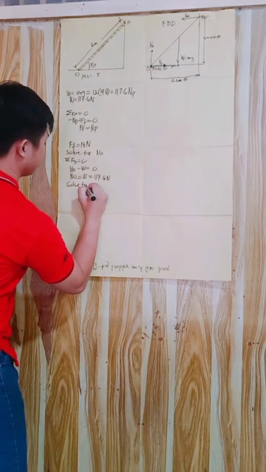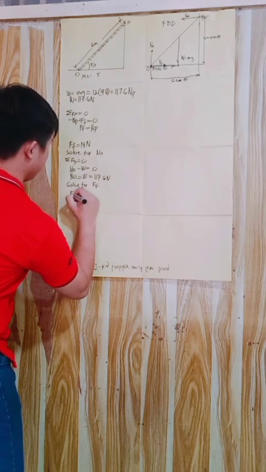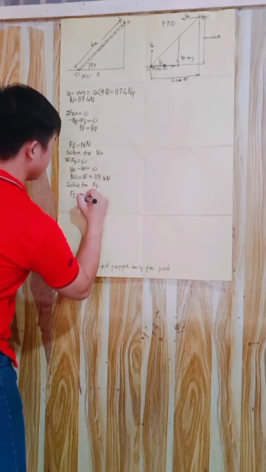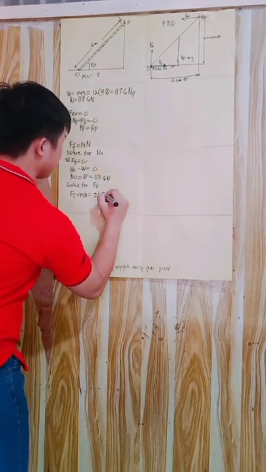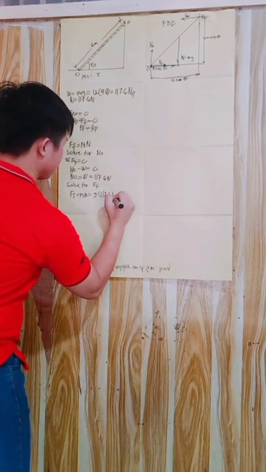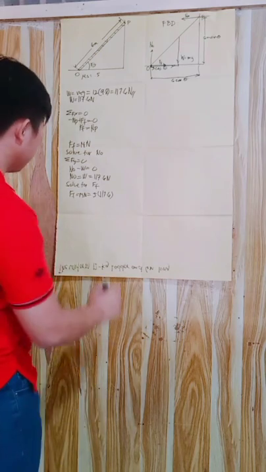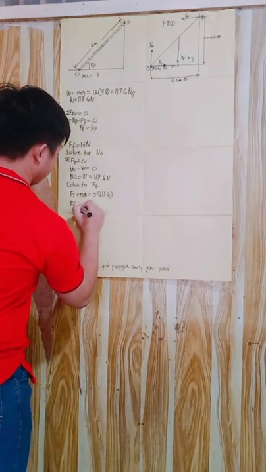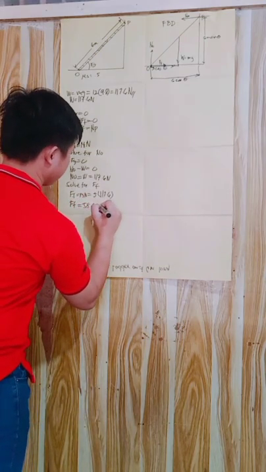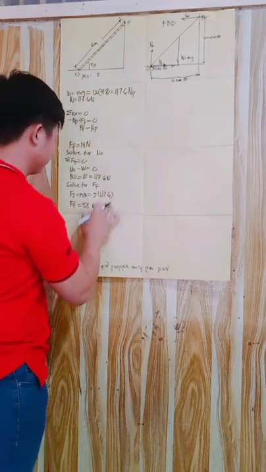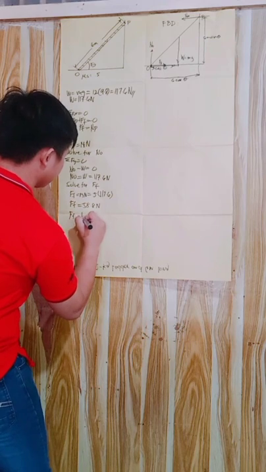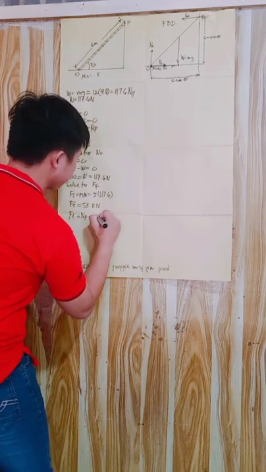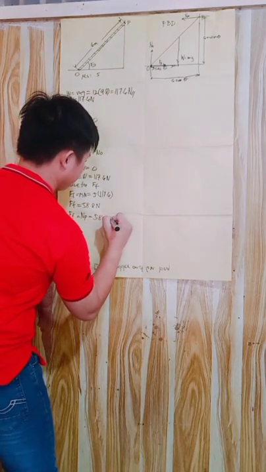F equals mu static times N, which is 0.5 times 117.6. The frictional force is equal to 58.8 Newtons when we solve it on the calculator. Then, the frictional force is equal to the normal force at P, which is 58.8 Newtons.